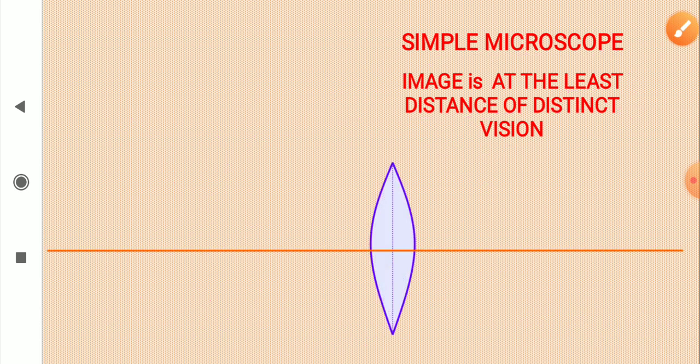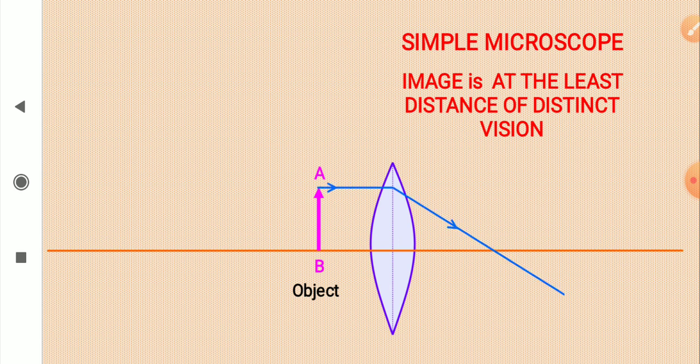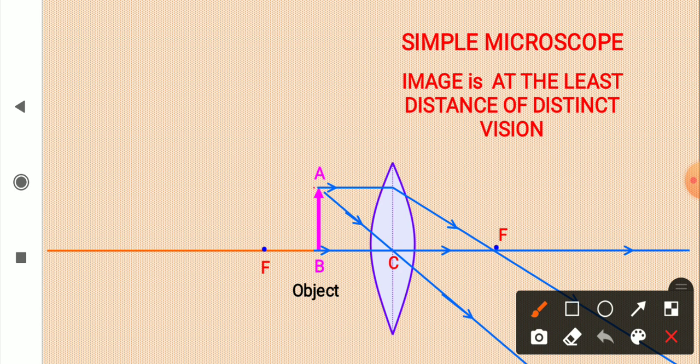Let's see, it is a convex lens and the object is placed between the lens and the focus. So you know this situation. In this situation, you will take one ray parallel to principal axis, and by definition, after refraction, it will pass through the focus, another ray through optic center.